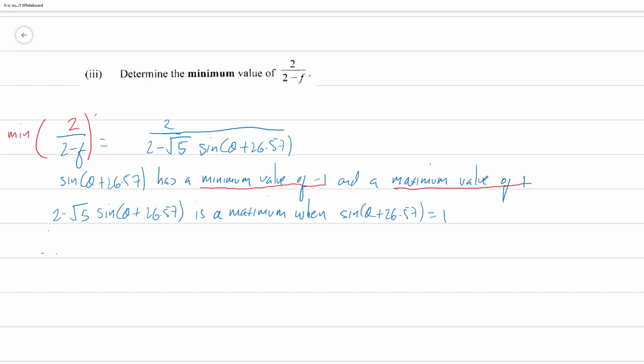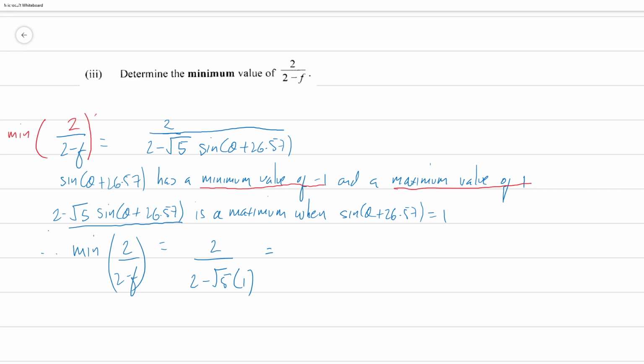So therefore the minimum of 2 over 2 minus f is equal to 2 over 2 minus root 5, and you're going to have to multiply by 1 because we just said that this expression here is 1.